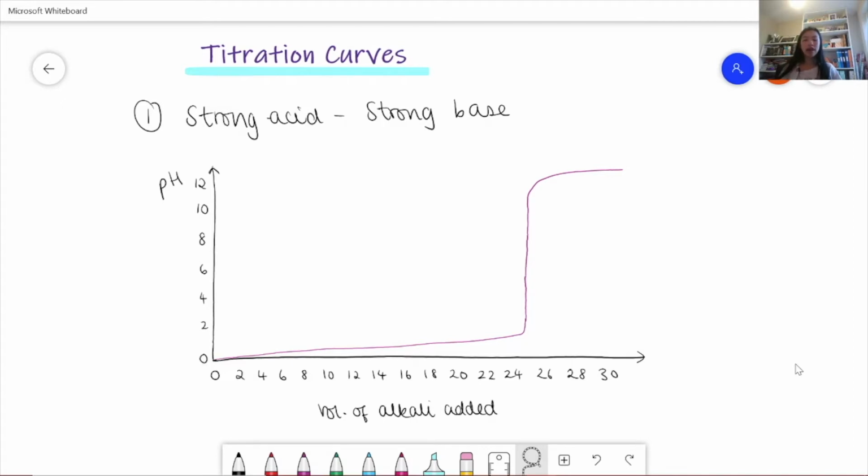At around 25 centimeters cubed of sodium hydroxide added, the pH dramatically increases, and we call this point the equivalence point. So if we drew a line straight down, then this would be called the equivalence point.